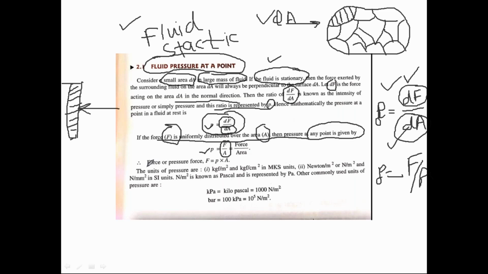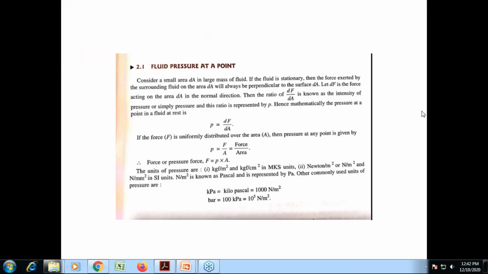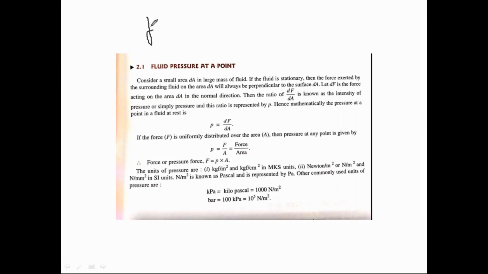Now I can write the pressure force as equal to the product of intensity of pressure and area. So in this way I can write the term intensity of pressure, or simply pressure, for the entire area: F is equal to P times A. If I have the magnitude of P and the dimensions of the area, then I can calculate the force, and that is the pressure force.